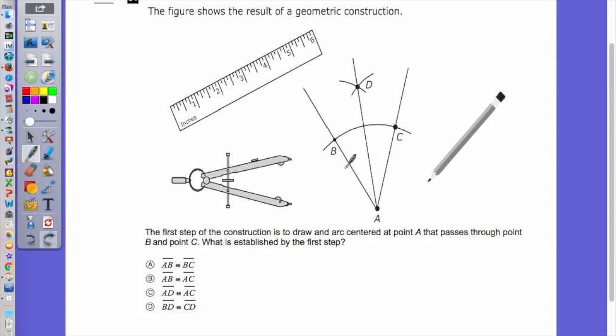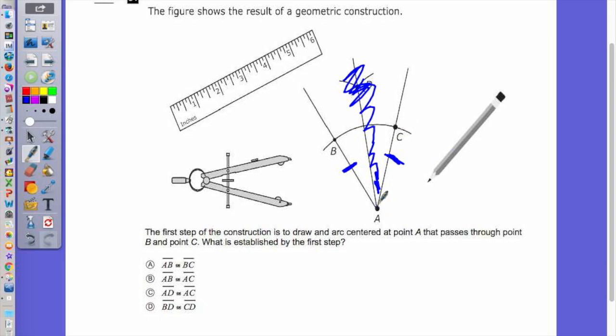You actually create this is congruent to this. Ultimately, we're creating angle bisectors. But when you do this, you haven't done any of this part yet. Why are you doing that? Because you're creating 2 points equidistant from A. So the answer is AB is congruent to AC.